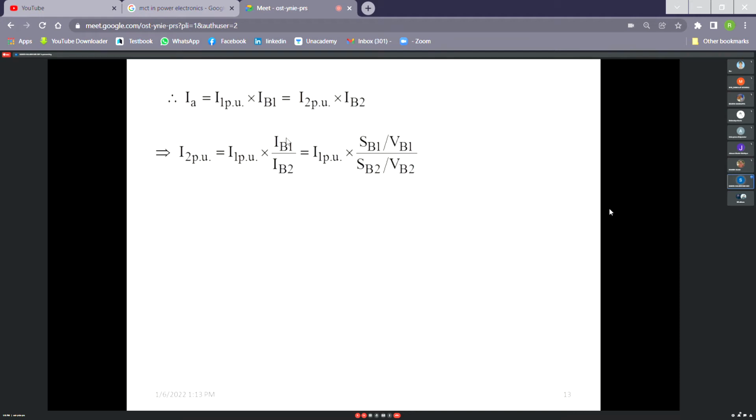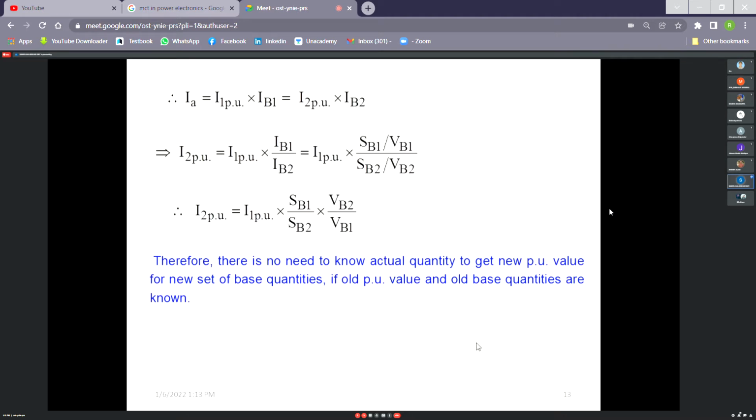So it is better to convert the base quantities in terms of base MVA and base voltage, that I have discussed in earlier class. Generally, we assume base voltage and base MVA, and from there we derive the base current. So in terms of base voltage and base MVA, we can simply calculate the new per unit values. I hope you can understand that, or with reasoning you can easily derive it when required. So we have no need to know the actual quantities; the base quantities are sufficient.